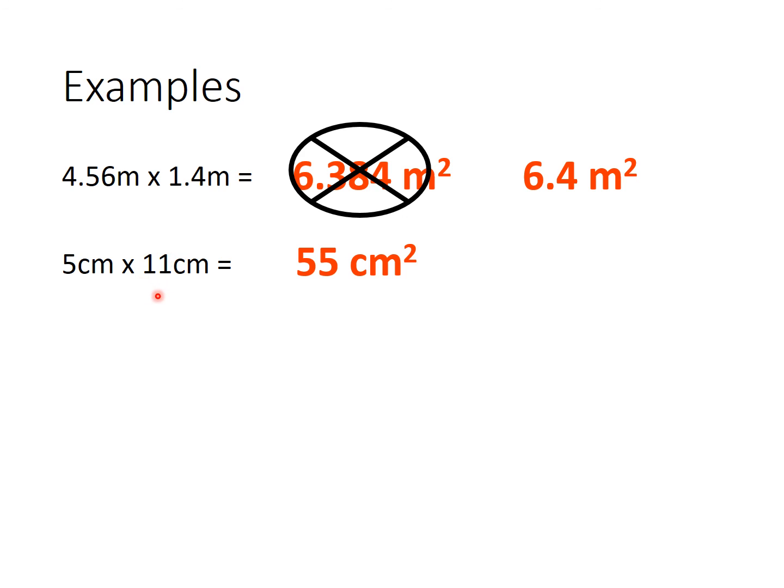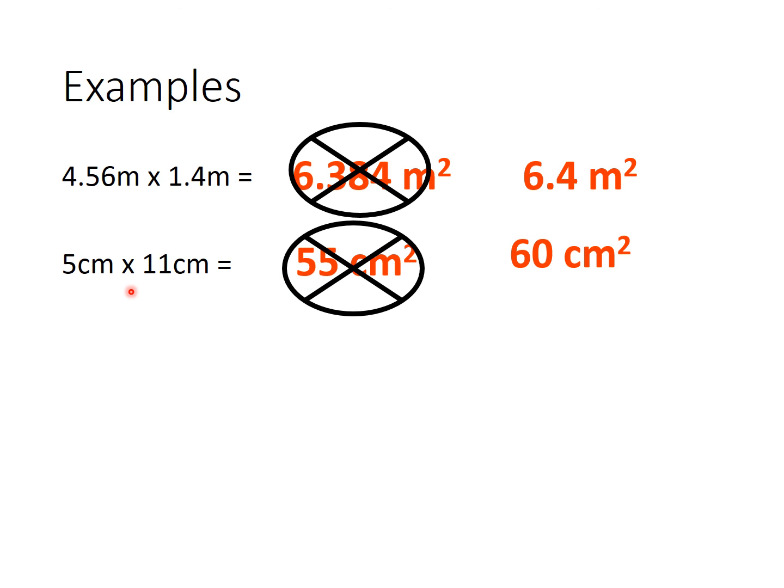The 11 has 2, but we are limited by the 1 significant figure that we have in our first number. We need to round 55 to 1 significant figure. That's the tens place. The ones place is a 5 or greater, which means we round it up to 60. So 5 times 11 is 60 if they're measurements.